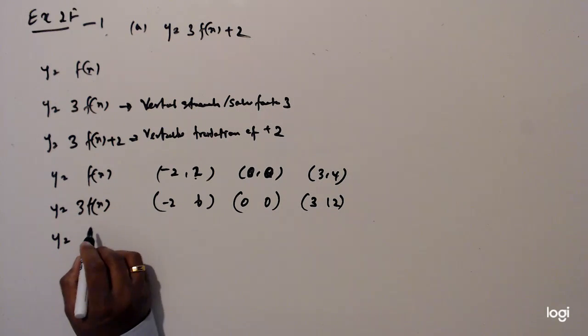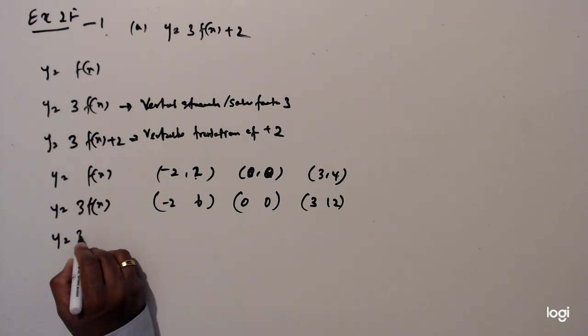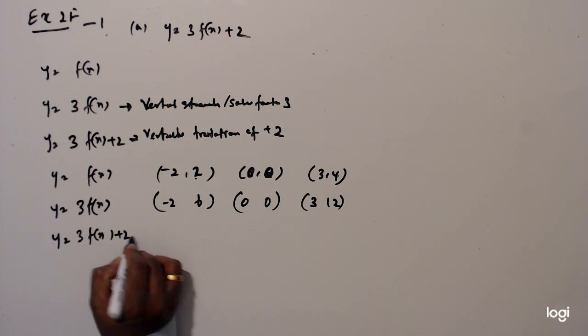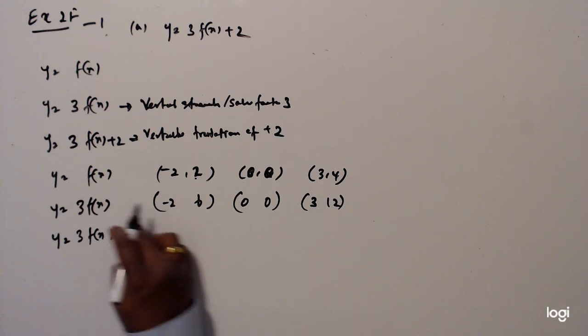Then y equal vertical translation, y axis, 3f(x) plus 2. We want to shift this graph up by 2.